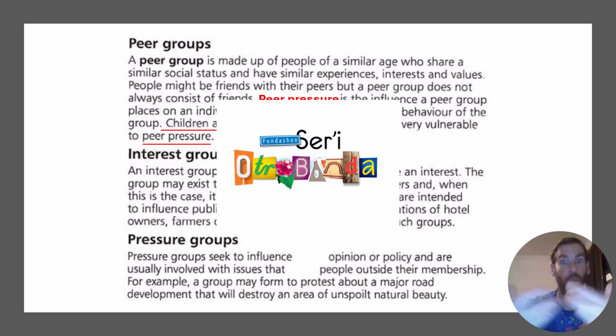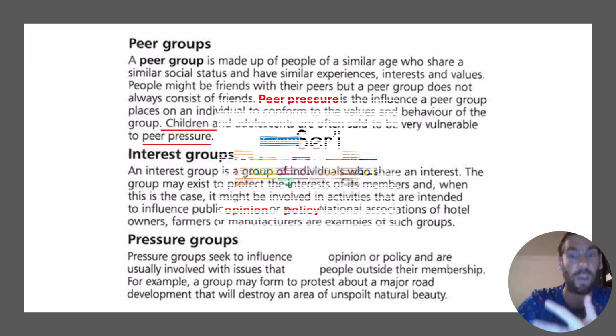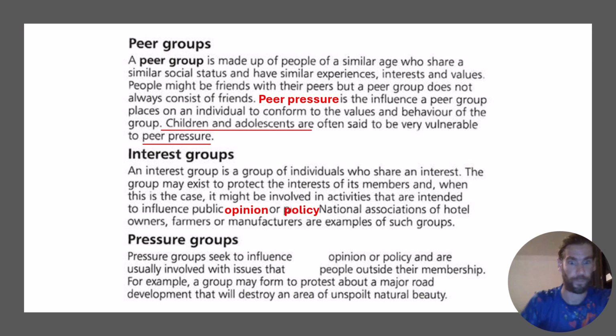It's a neighborhood organization, a buurtorganisatie, with a purpose, the common goal of protecting the interests, the belangen, of the people living in Serie Otrobanda. And this is an example of an interest group.